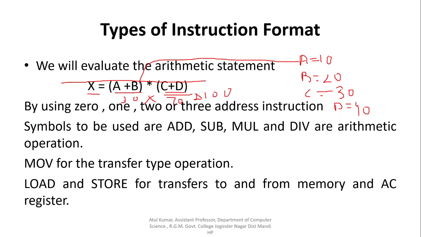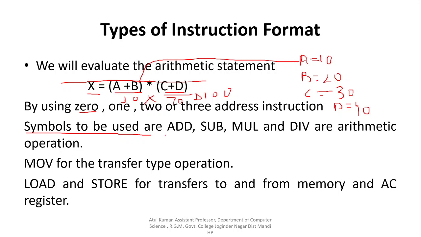In order to solve this expression, we use either 0, 1, 2, or 3 address instructions. We will use different kinds of symbols as used in assembly language, which is an alphanumeric language.